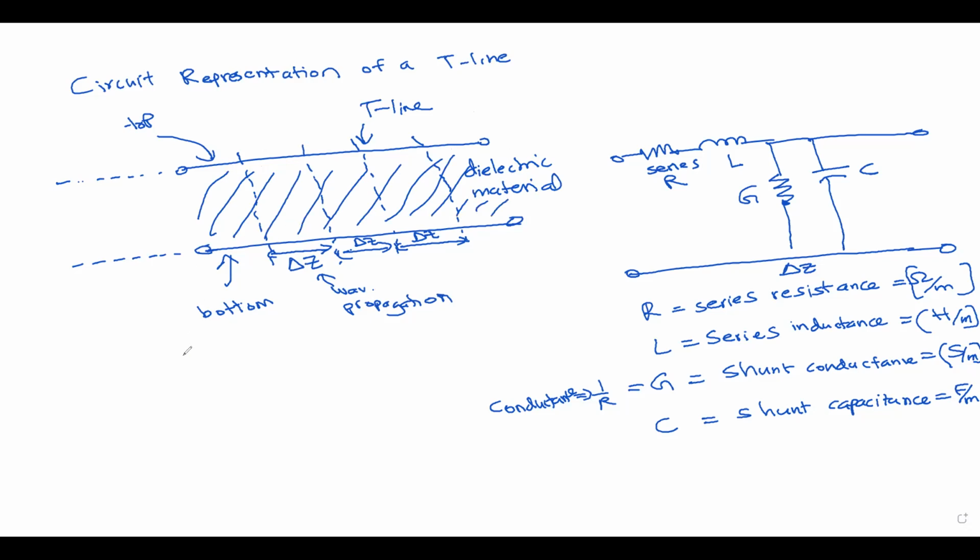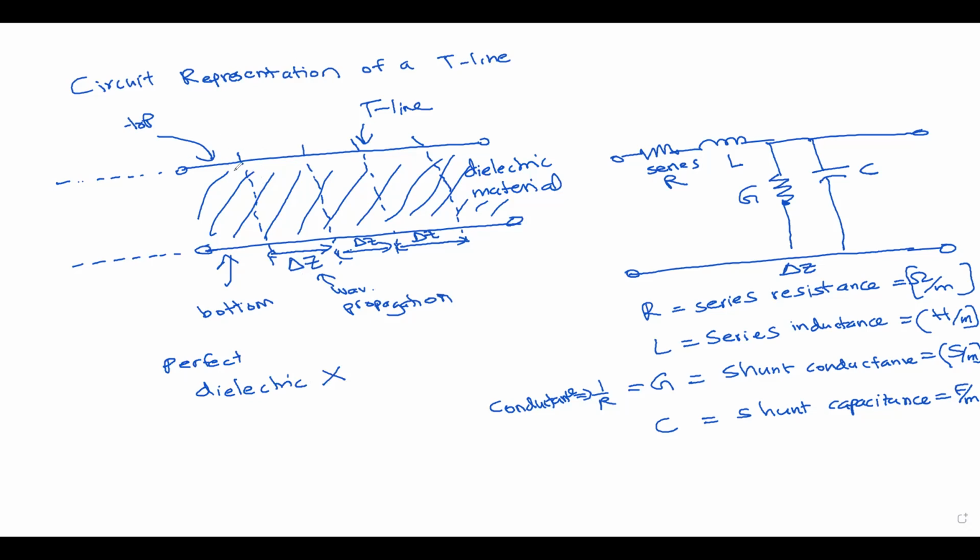But are there perfect dielectrics in this world? There are no perfect dielectrics in this world. Therefore, some kind of leakage current flows between these two conductors.